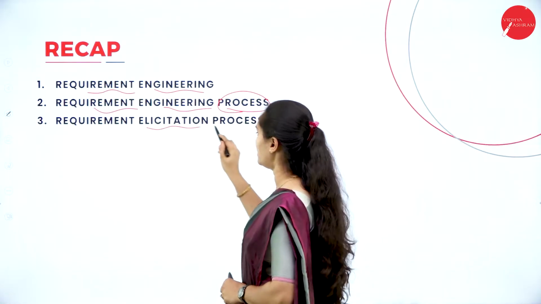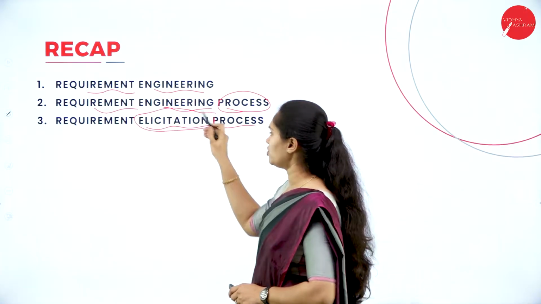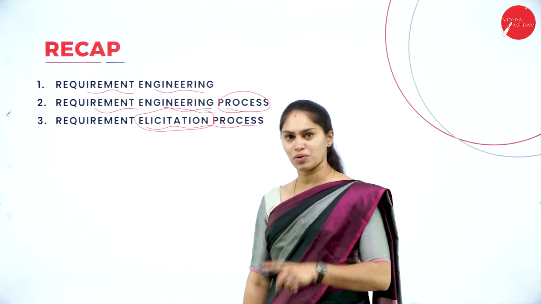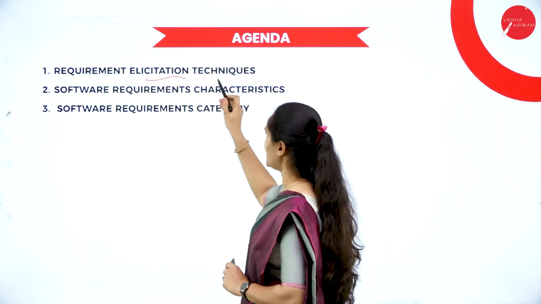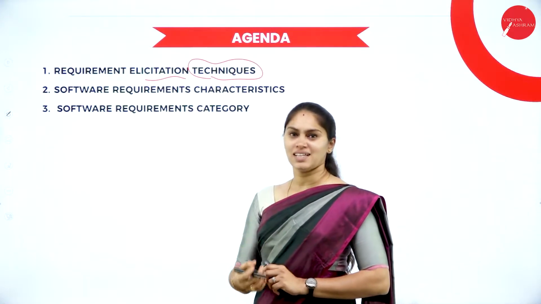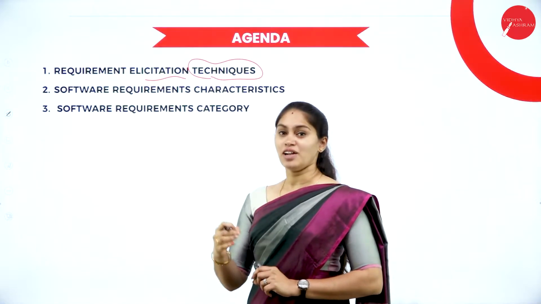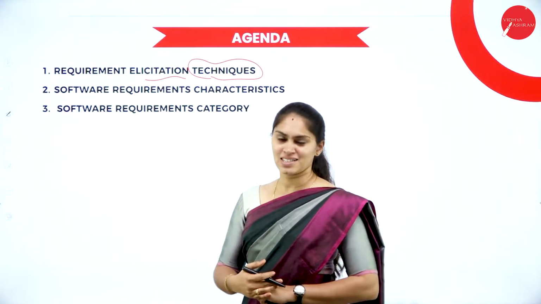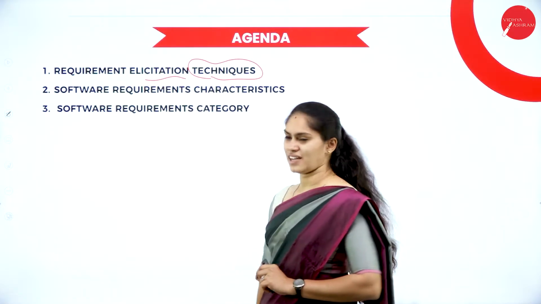Along with that, the requirement elicitation process. In the previous class we learned what the requirement elicitation process is, but in today's session we'll see what the requirement elicitation techniques consist of. The elicitation process has certain stages or phases, and then there are the methodologies or techniques we use to collect the requirements. That is all about requirement elicitation techniques.